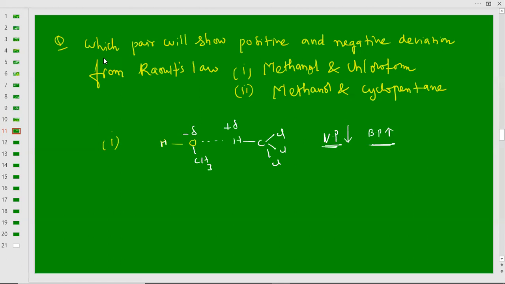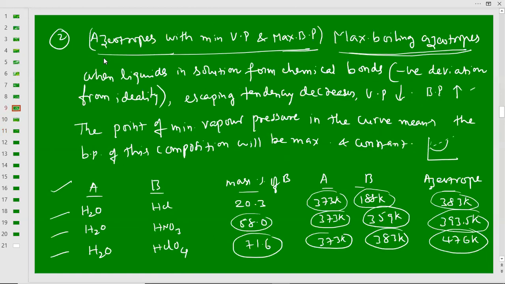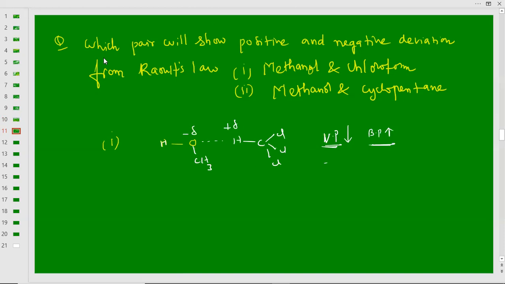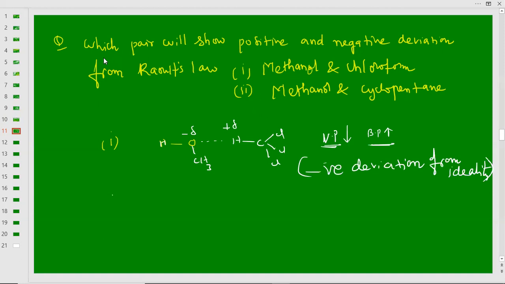As discussed earlier, vapor pressure decreasing and boiling point increasing means negative deviation from ideality, Raoult's law. This is the answer for the first one.